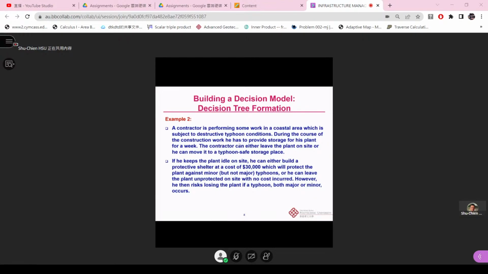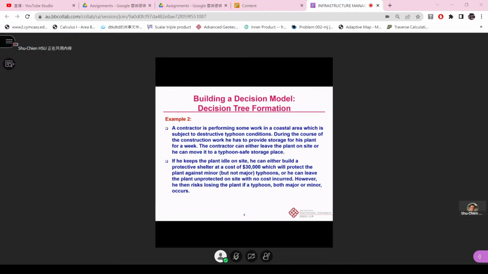But how can he make the decision in a smart way? Then we will of course need more information, to know his expected loss or cost.